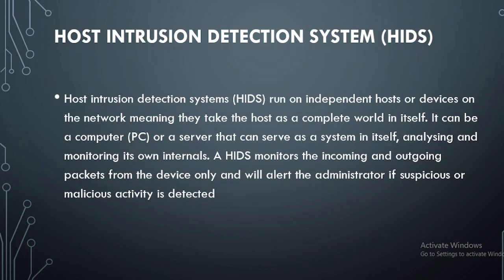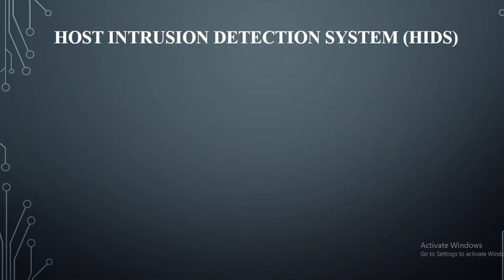It monitors the traffic incoming and outgoing from the device only, and it will alert the administrator if suspicious or malicious activity is detected. So this system is monitoring the host where it is installed.